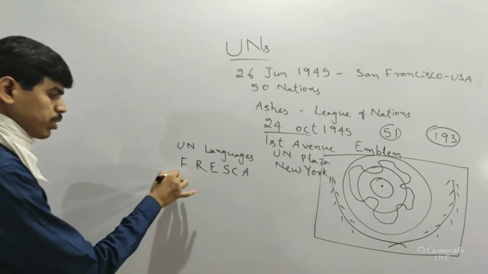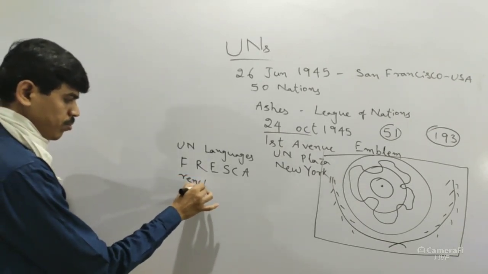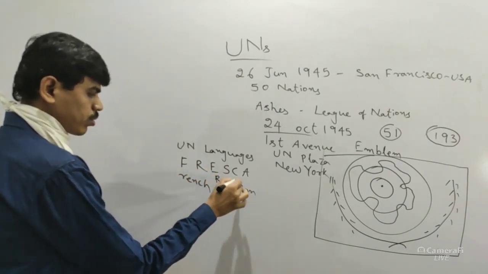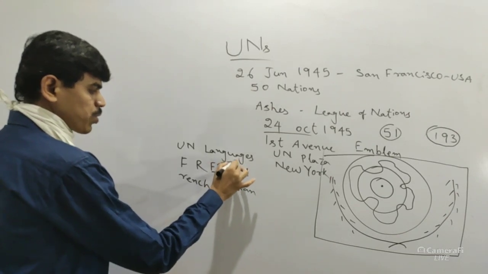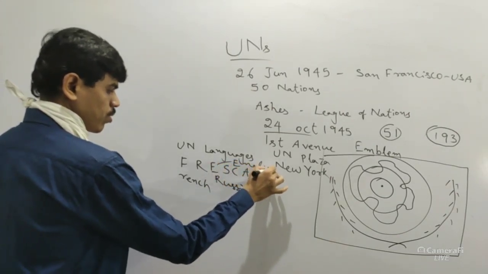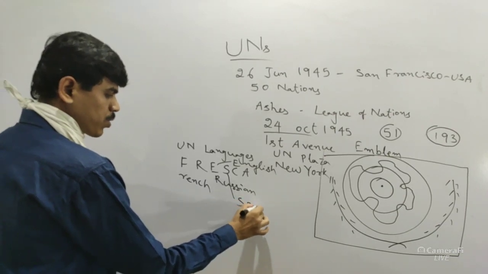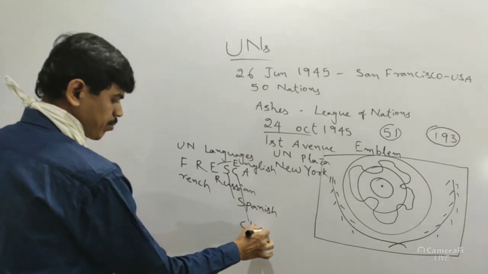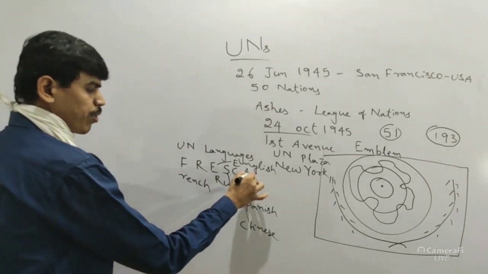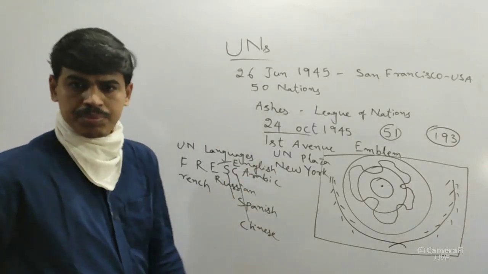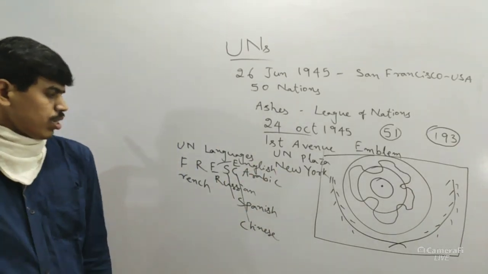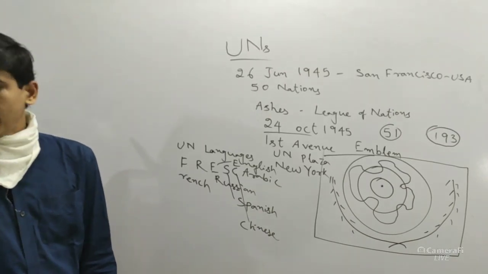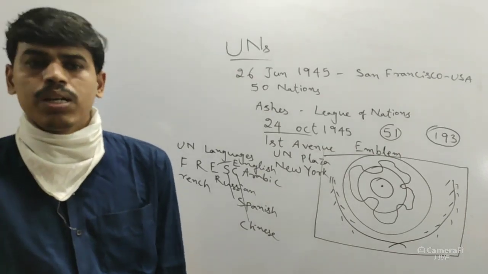F stands for French, R for Russian, E for English, S for Spanish, C for Chinese, and A for Arabic. These are called UN languages.